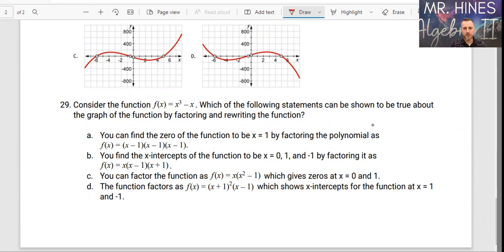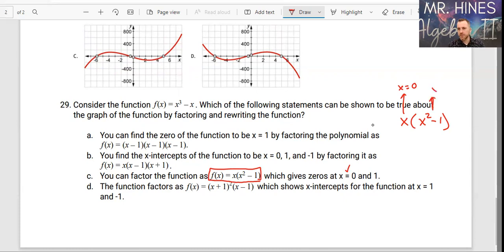Hopefully you're thinking GCFs. So the GCF of this thing is x. I can divide both of those by x, and I get x squared minus 1. I see that here. And we could find the zeros from that. So you get x equals 0, which it tells us is true.